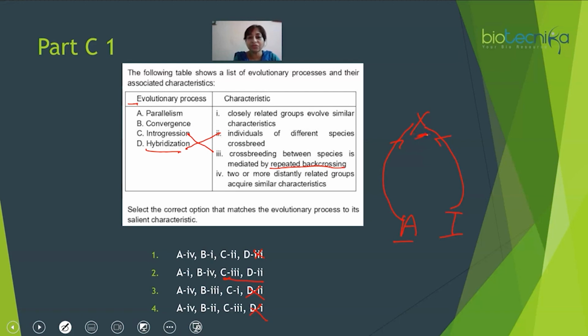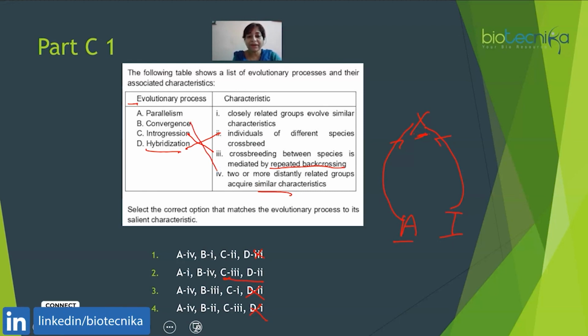The descendants will have similarity in their character, and that is usually not because of genetic relatedness between the ancestors. It is more because of the selection pressure of living in the same ecosystem. So two or more distantly related groups acquiring similar characteristics will be called convergent evolution.